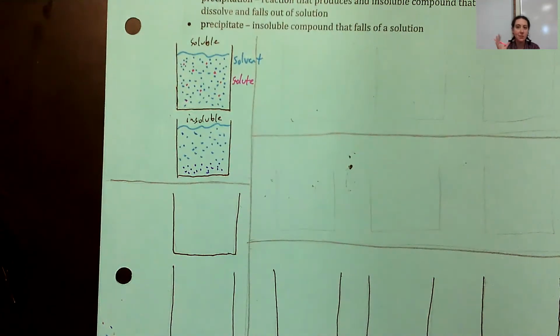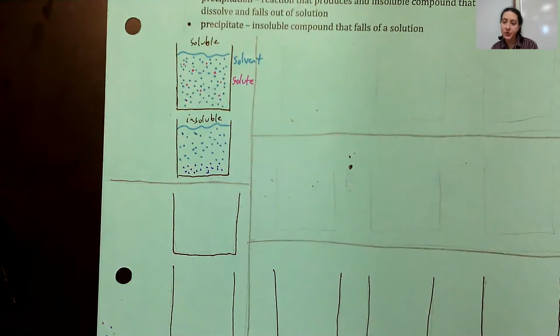Technically, it's whichever one is the bigger amount. If you have two gases dissolved together, the Earth's atmosphere is made up primarily of nitrogen, so nitrogen is the solvent, and oxygen, carbon dioxide, water and all sorts of gases are dissolved in it. If we're talking about a solution like this, the solid thing that you dissolved is usually the solute, and the solvent is the liquid it's dissolved in.